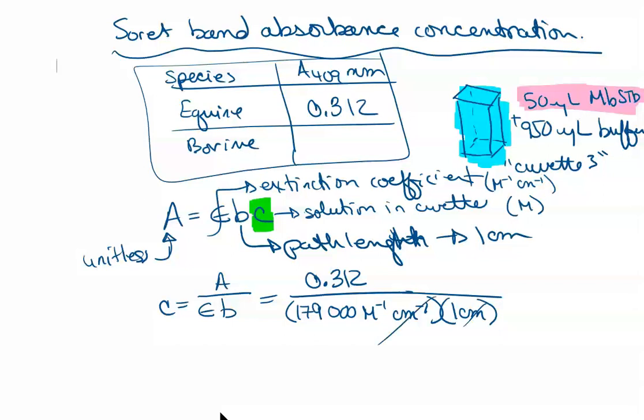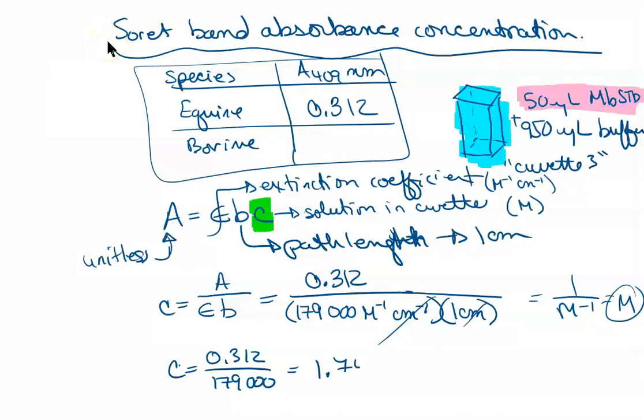And then when we finish this equation, 1 over per molar is going to end up being molar in our units. So I just want to show you where that's coming from. And then let's do the math here. And we end up with 1.74 times 10 to the minus 6th molar. And it seems like there's also some issues in how to use exponents and the prefixes for the metric system.